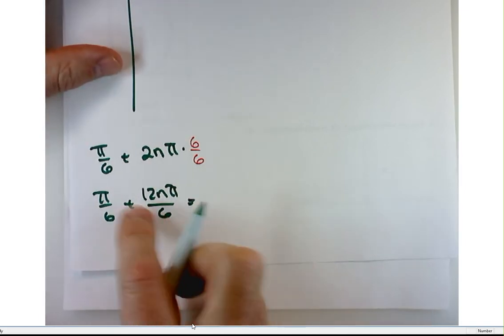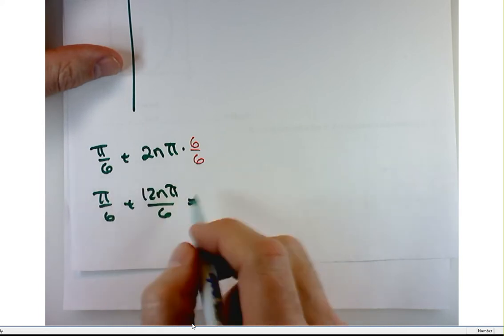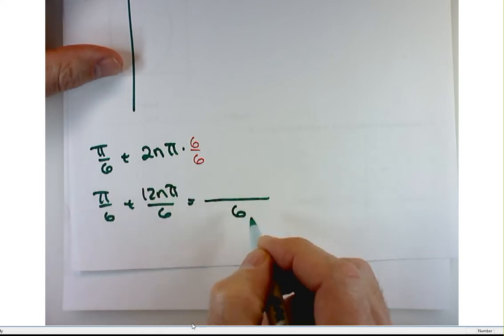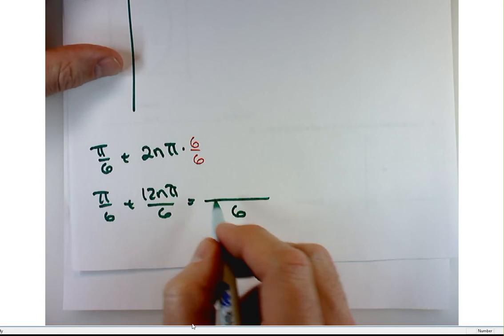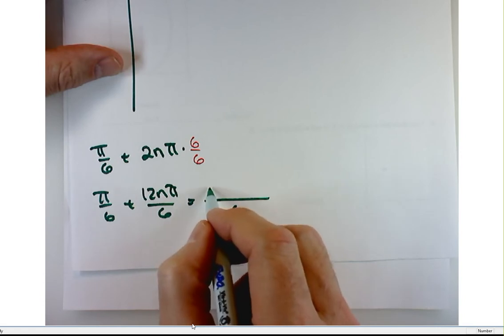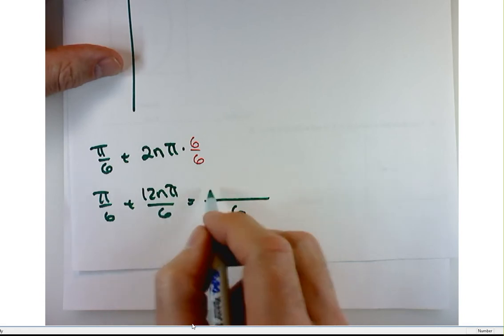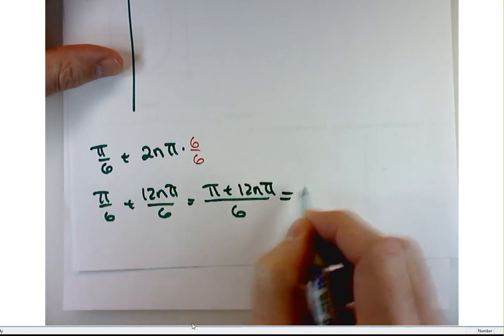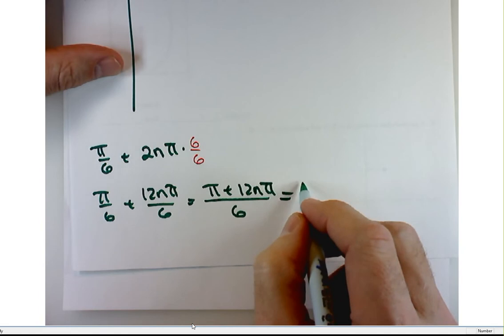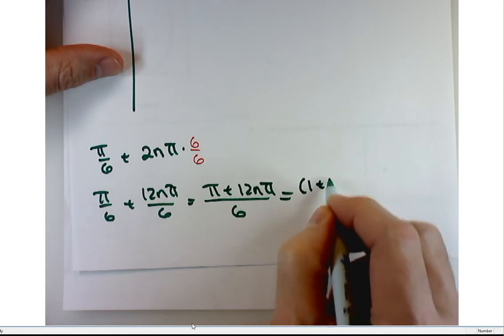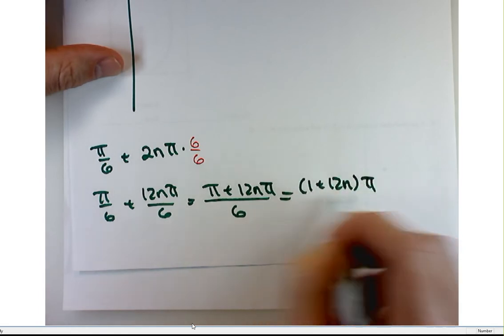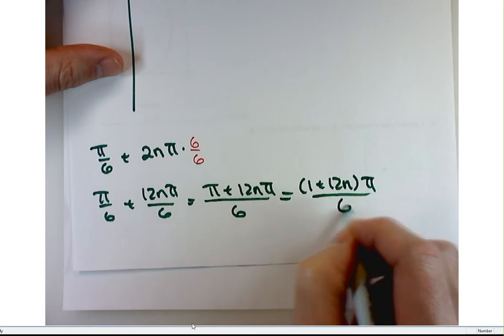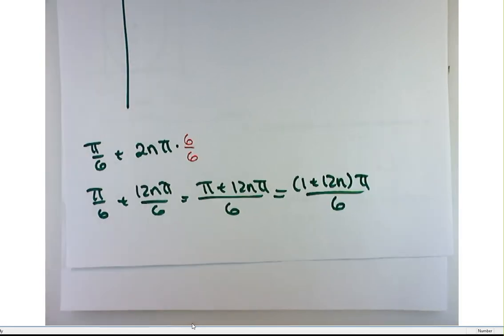Or better yet, if I bring all this together over my common denominator of 6, I can write pi plus 12n pi, or if I factor out the pi, it's going to be 1 plus 12n times pi, all over 6. So a little bit of extra work there to get that nice, neat general form.